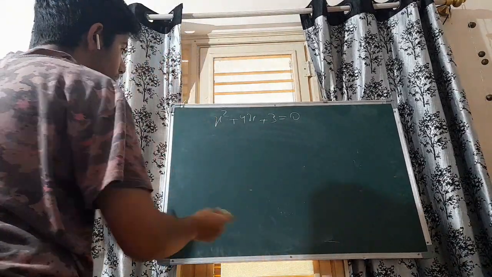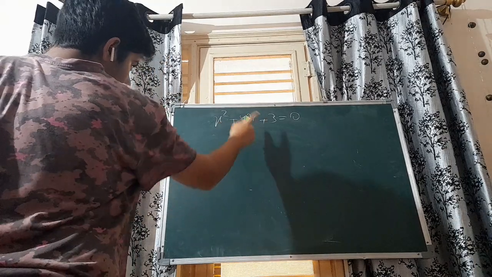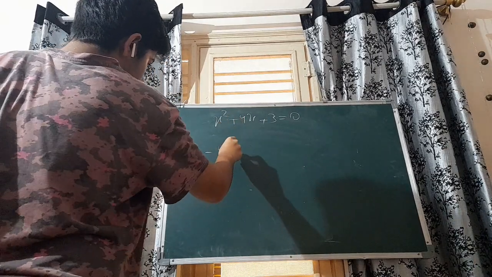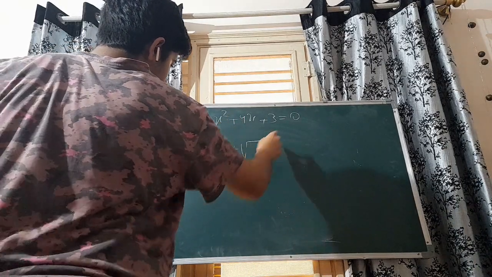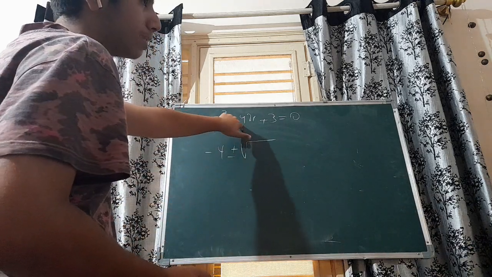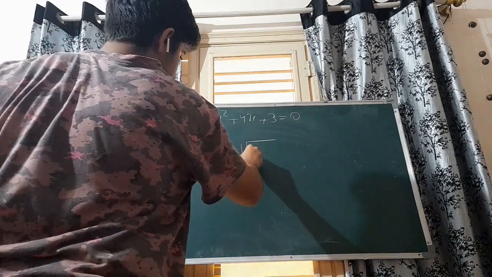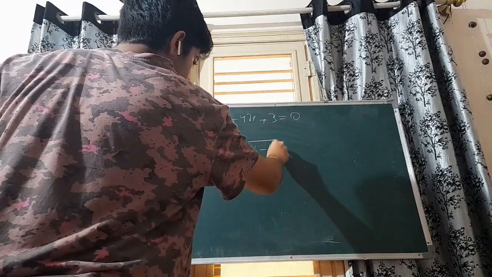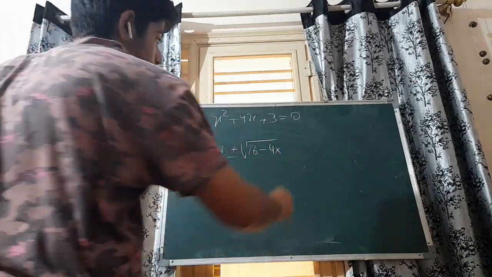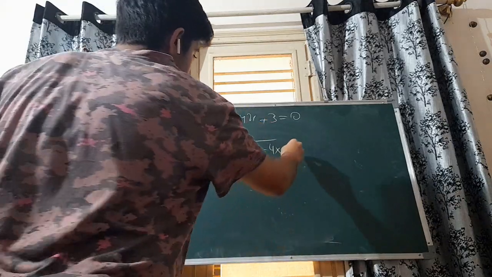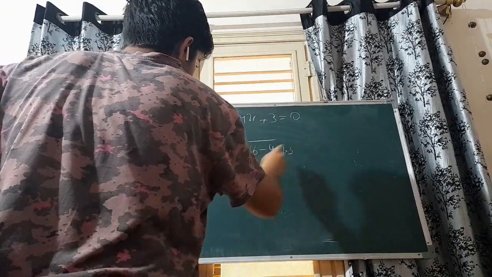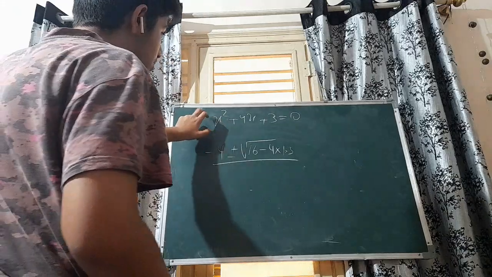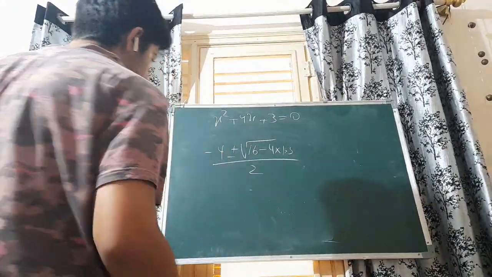Minus b is minus 4, plus or minus the root of b square, which is 16, minus 4 into a, which is 1, into c, which is 3, over 2a, which is 2.